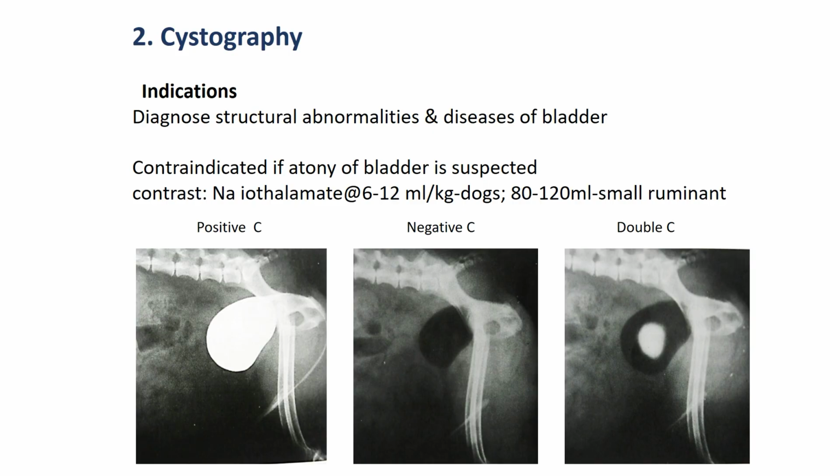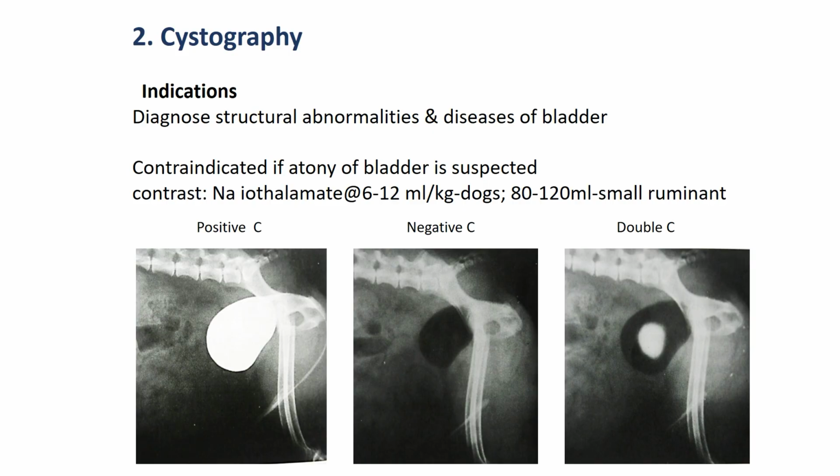In the negative contrast technique, again we have to insert a catheter up to the neck of the bladder and inject air. Before injecting the air inside the bladder, we have to remove all the urine from the bladder.